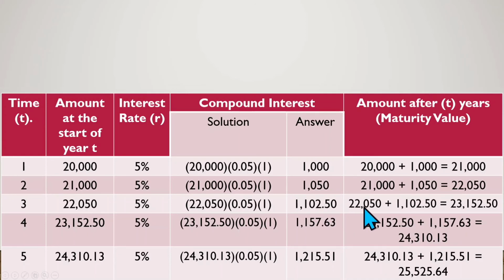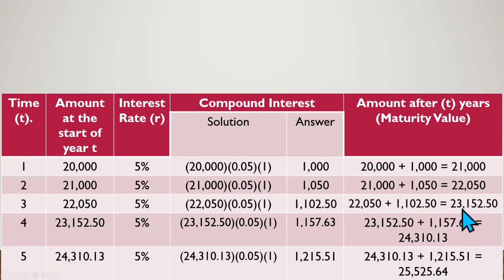Again, to get the maturity value, you're going to add the principal to the interest. So 22,050 plus 1,102 and 50 cents is equal to 23,152 pesos and 50 cents.